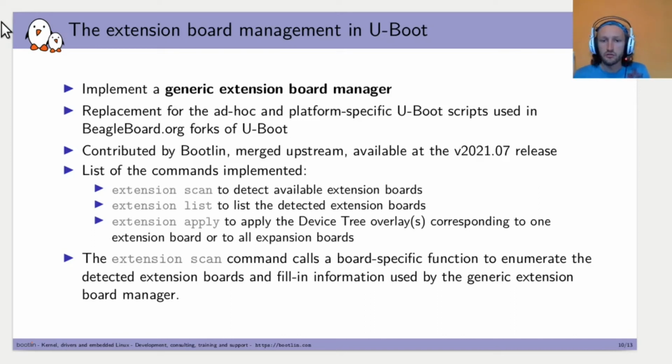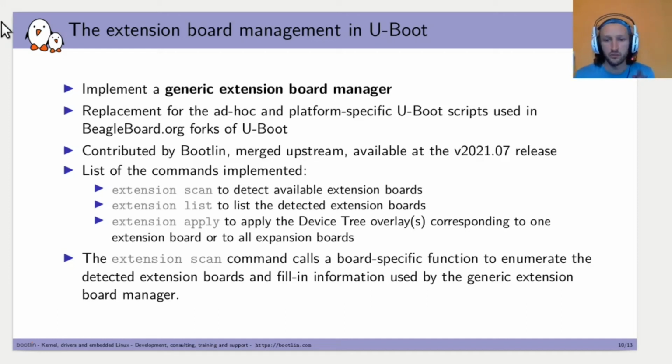You have to know that the extension scan command calls a board-specific function to enumerate the extension boards, because we don't know where and how to get the information of the extension board. Each constructor has its own solution.